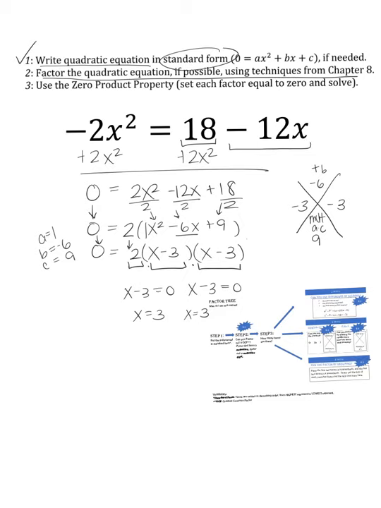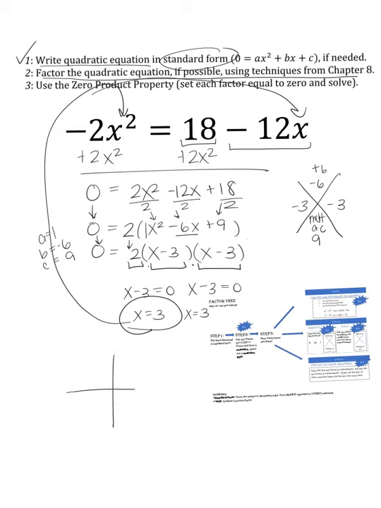And what that tells us is there is actually only one solution, x equals 3, that will make this equation true. What will this look like on a graph? Well, our graph tells us there is only one solution, or 1, 0. So that means our parabola is actually going to have its vertex right at 3.